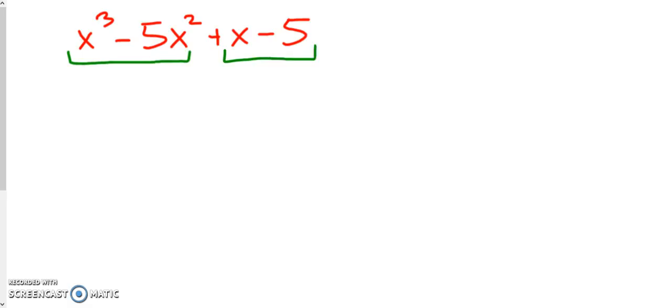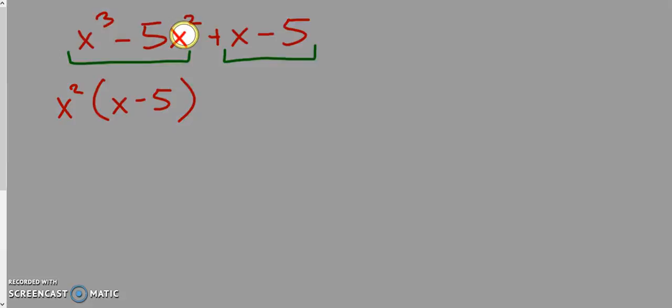And I'll look for a common factor. On this first piece, what's the common factor between x cubed and 5x squared? The answer would be x squared. Now, if I take out an x squared, I'll end up with x minus 5 because there'll be one x left over here, and then these will all be gone.